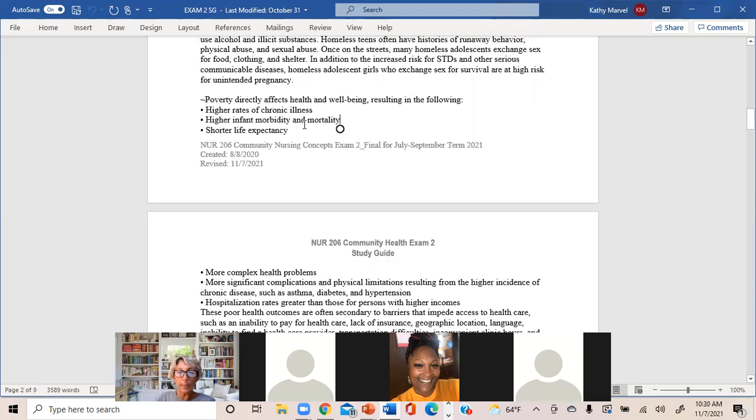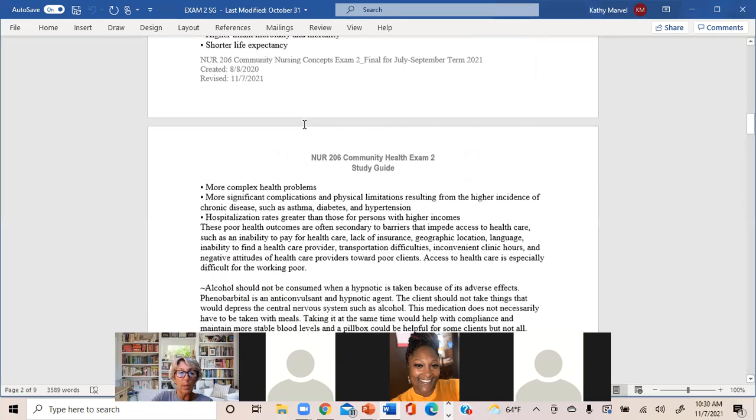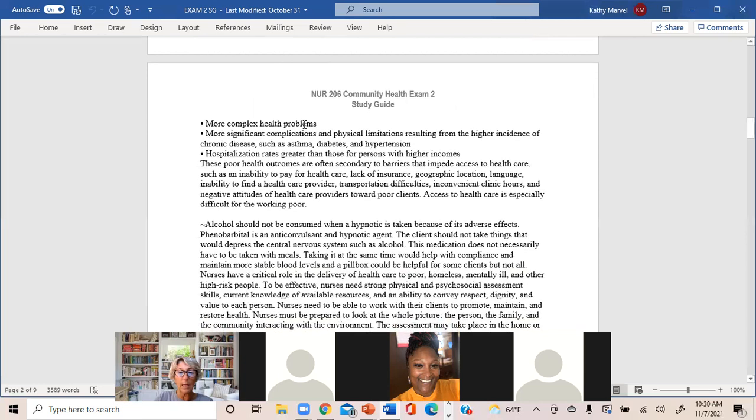All right. Higher rates of chronic illness, higher infant morbidity and mortality. You should have gone through this in your lectures. Shorter life expectancy, obviously more complex health problems, more significant complications and physical limitations, right? These come from chronic disease, right?